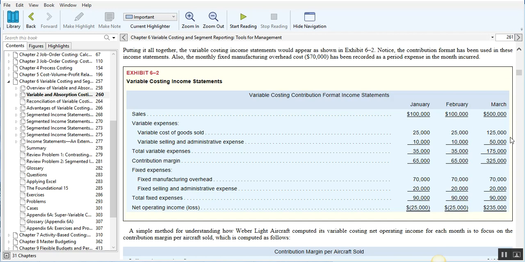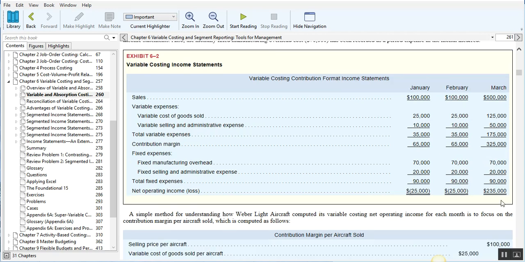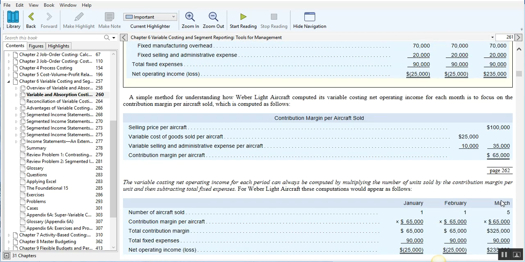However, we get to March, and you see there's a big change because we sold 5 units for $500,000. We have the variable costs adjusted based on what we were calculating, and the fixed costs do not change. We sold 5 aircraft, but we still have $90,000 in fixed costs. So our profit is going to be much higher, $235,000.